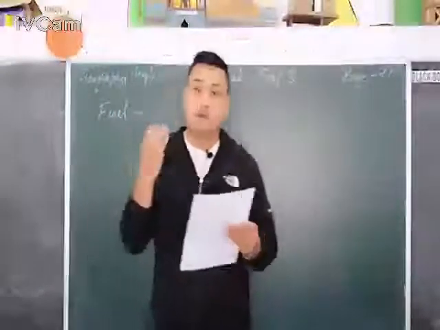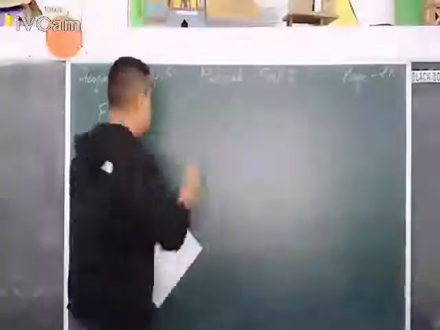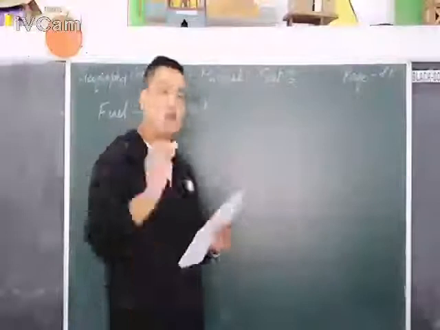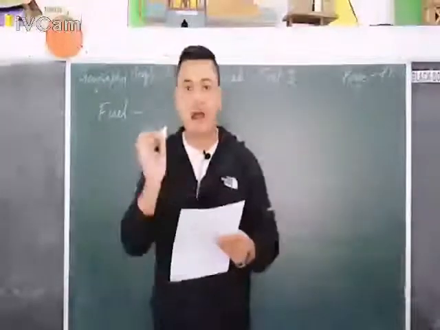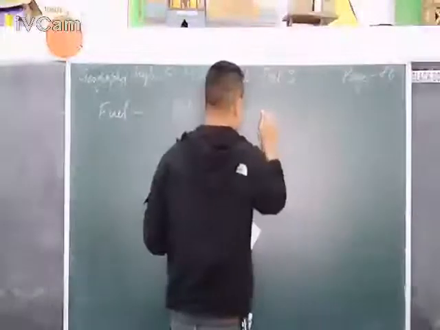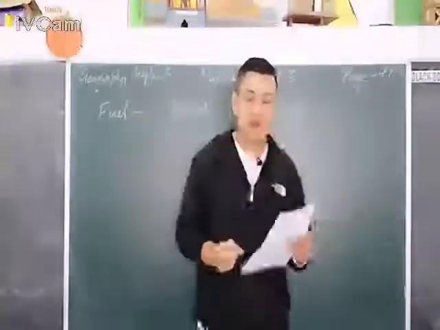So the first fuel that comes to our mind is wood. Wood was one of the first fuels to be used by humans and is still the primary source of energy. Primary means first hand.